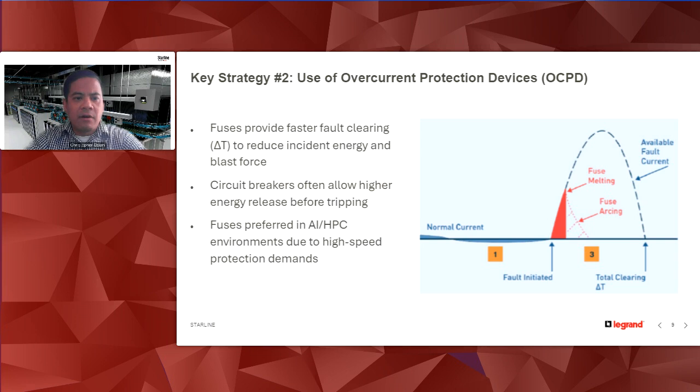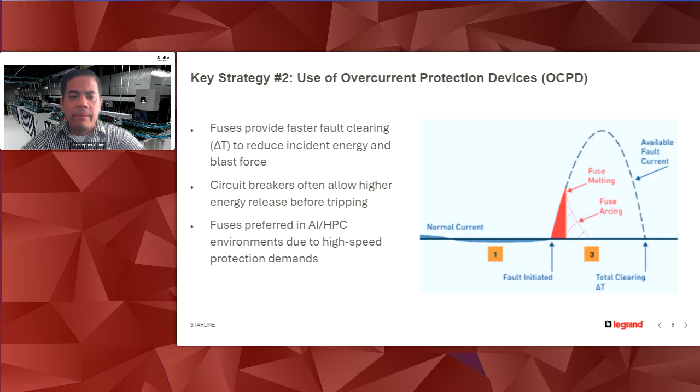If you have a fault and it clears quickly, the incident energy, or the arc flash energy generated from that event, is cleared a lot quicker and is less severe, which means the blast force from the arc flash is a lot lower as well.